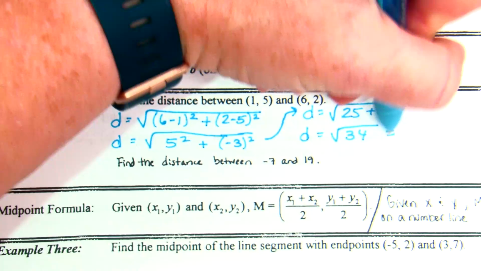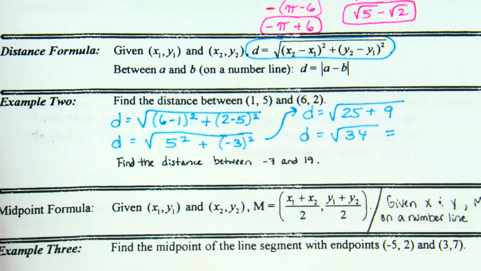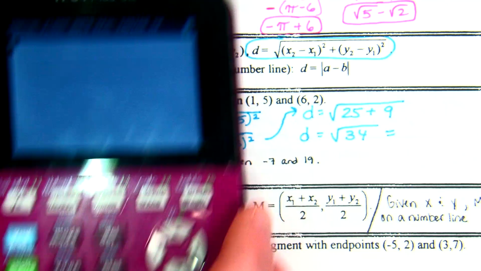Can you give me a decimal answer? I believe it's a second function on these, isn't it? Yeah. It's kind of like your scientific calculator. It's probably a second function on your scientific calculator. I have 5.83 is what I have listed. So if I do second and the square root, you guys can't see what I did, sorry.